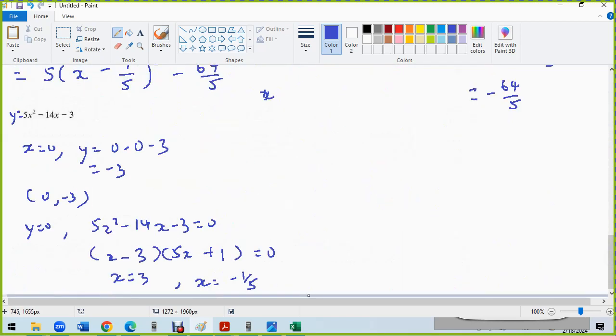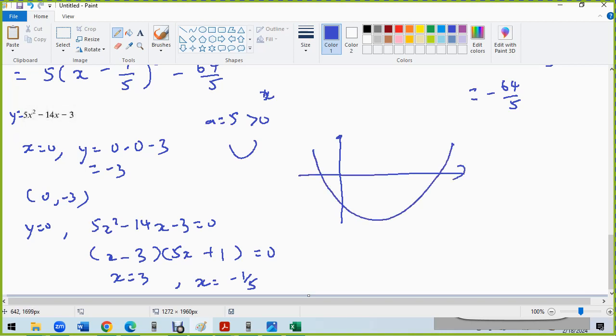For the graph of this one, a equals 5, which is greater than 0, so the shape will be like this. So this will be the graph, with negative 1 over 5, 3, and the minimum point 7 over 5, negative 64 over 5.